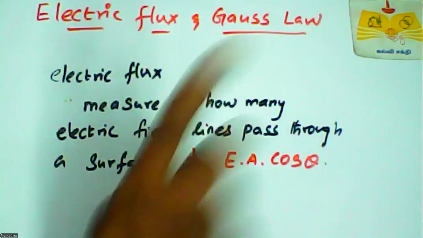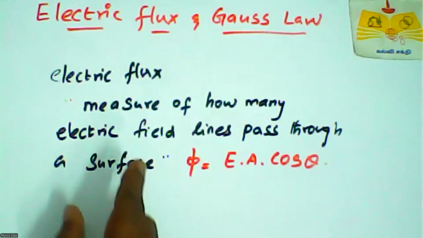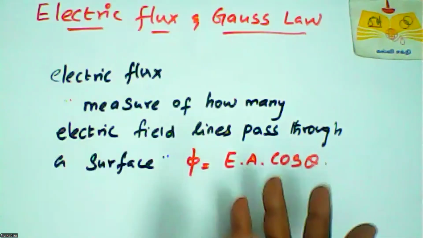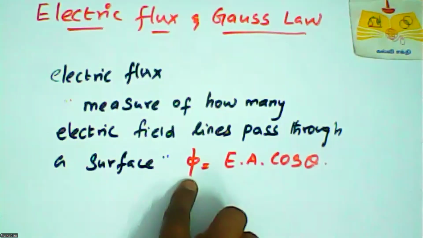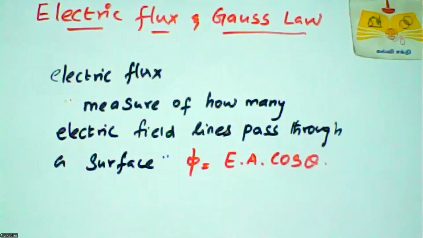This is the surface, this is the normal. So the angle between the electric field and the surface normal. Phi is equal to E dot A cos theta, or EA cos theta.